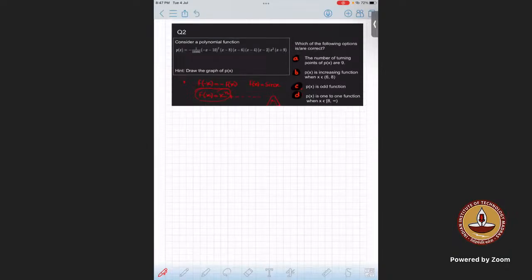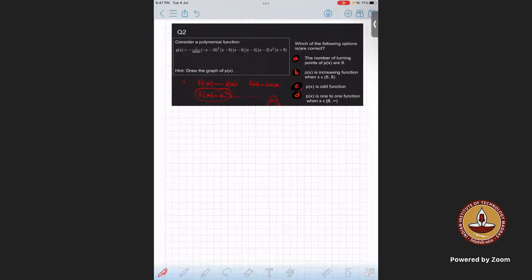So we will solve this question. Most of your answers lie between C and D. I will explain how to solve these types of questions.